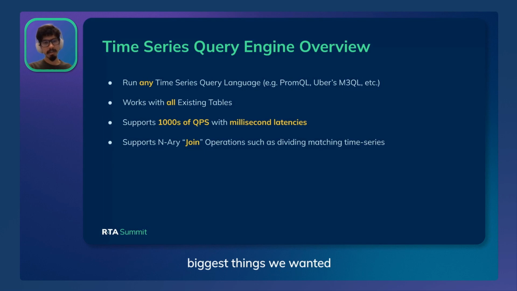That was one of the biggest things we wanted out of this engine, because we don't want to take the overhead of migrating all of our tables to a new version of table. Right? We just want people to be able to query their existing tables with a better language for this particular use case. By better language, just for clarification, it's for observability, but I understand people get quite touchy on that subject.